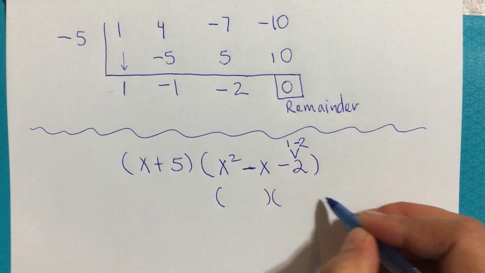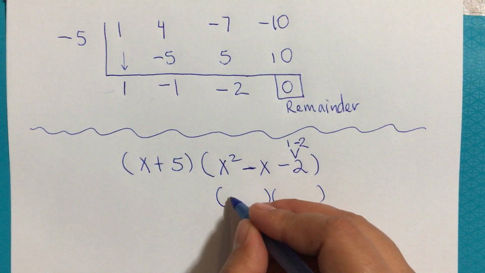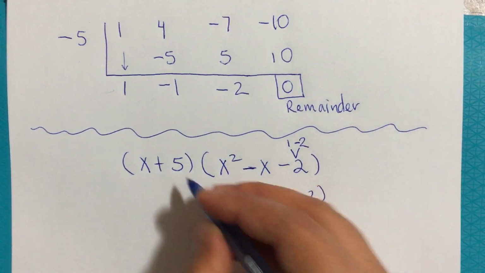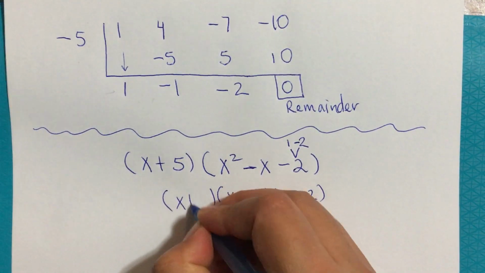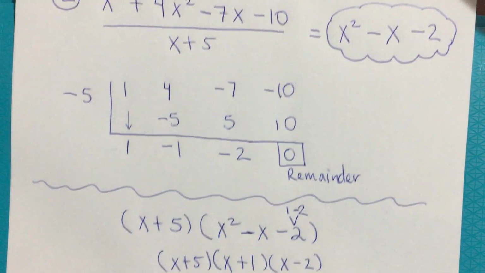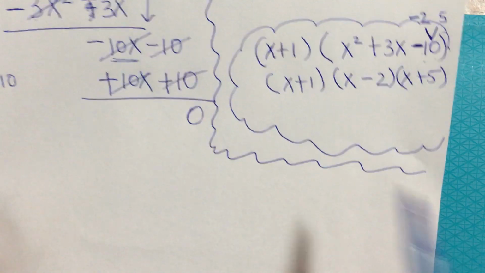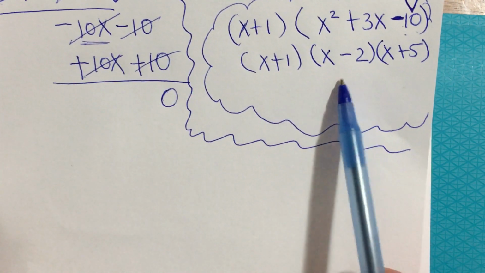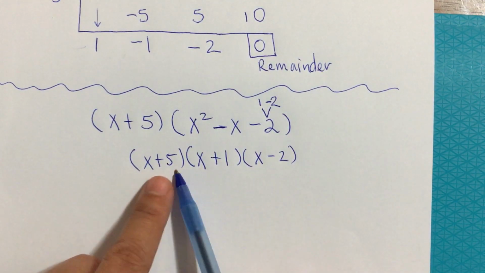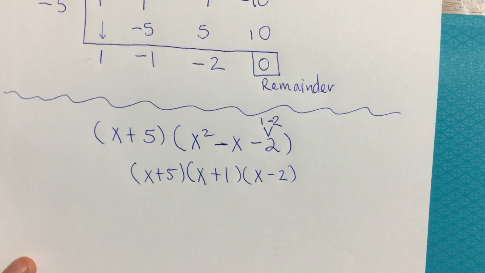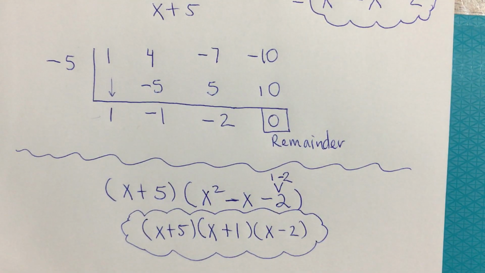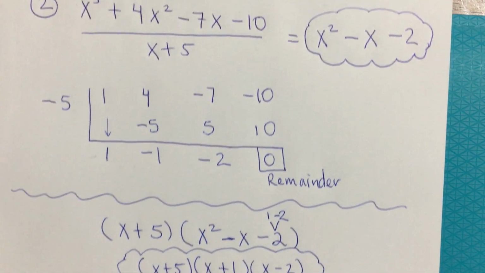We open our parentheses, and it's going to be x plus 1, x minus 2. And just bring this down, x plus 5. If you notice, because it's the same polynomial that I'm dividing in here, the number 1, it's going to be the same factors. X plus 1, x minus 2, and x plus 5. The order is different, but that's okay. Okay? And again, you don't have to do this part, but it would be good to just make sure so that it's easier once we're working with the graph.